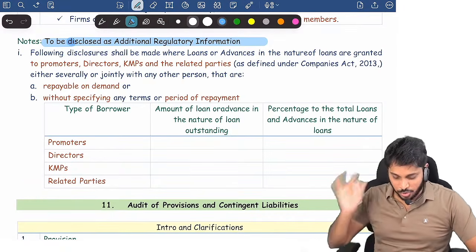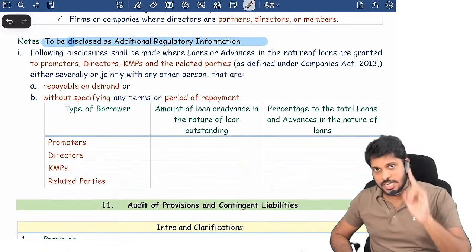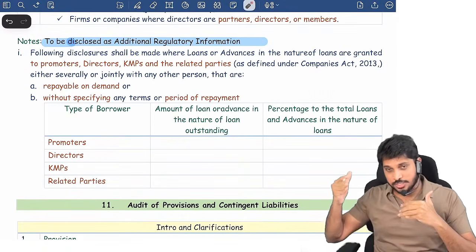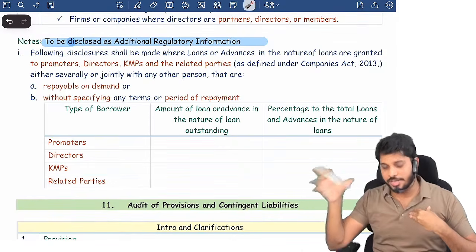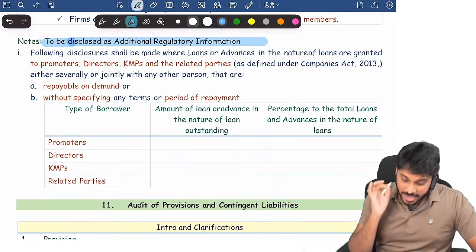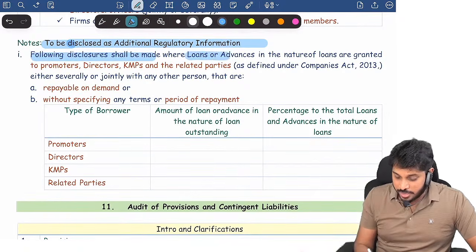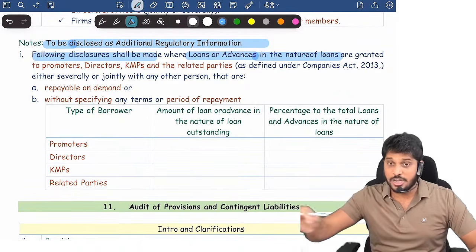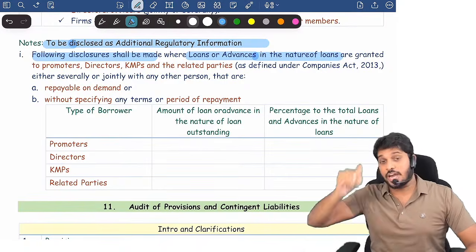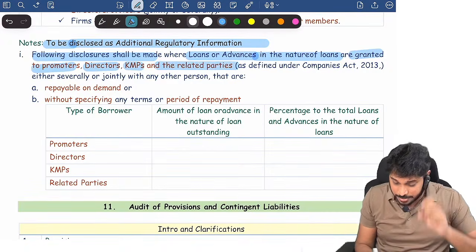Don't worry. Now look at what is to be disclosed as additional regulatory information under loans and advances, guys. So in Schedule 3, loans and advances, notes to accounts, we give a breakup, right? There the company has to disclose the following information. The following disclosure shall be made where loans or advances in the nature of loans, actually it's a loan only but you named it as advance, are granted to promoters, directors, key managerial persons and related parties.